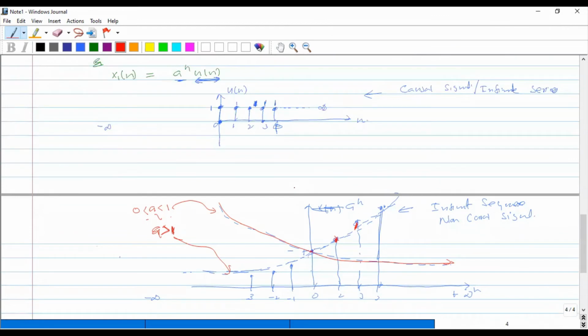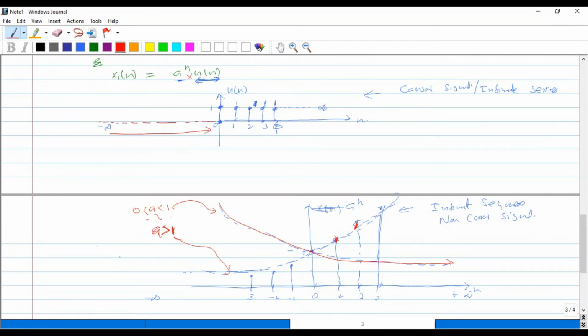You can see that these two signals are multiplied. When we multiply, what happens? The values from minus infinity up to 0 are all 0, so all values from minus infinity to 0 in a^n will be cancelled out.